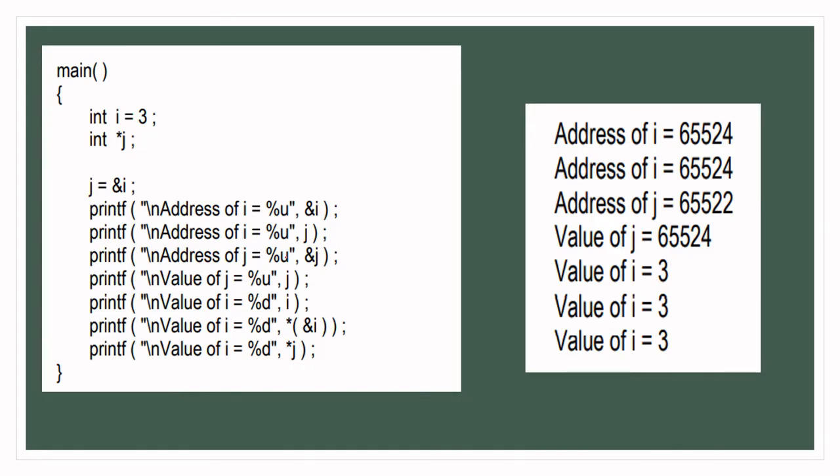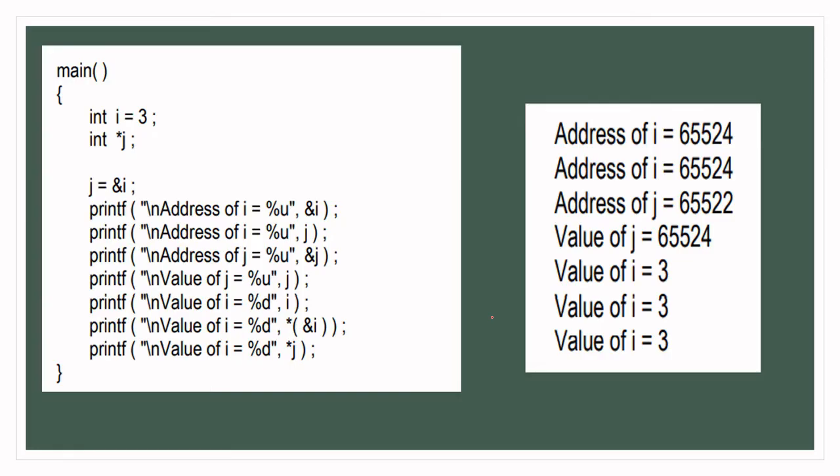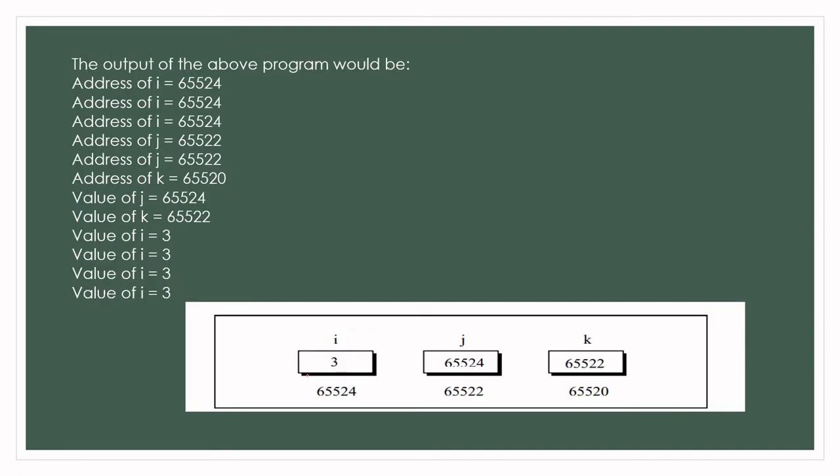Then the value of j gets printed, and if you wish to print the value of j you can even write address of i, because it is the same. Then star of address of i. So first decode this. What is the address of i? The address of i is 65524, and then the star points to this memory location.